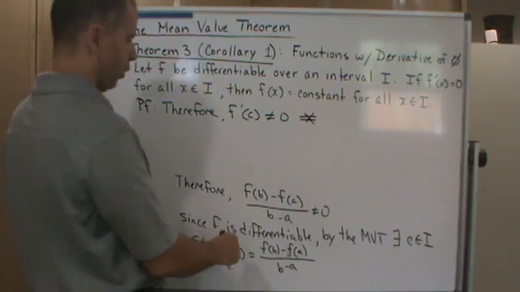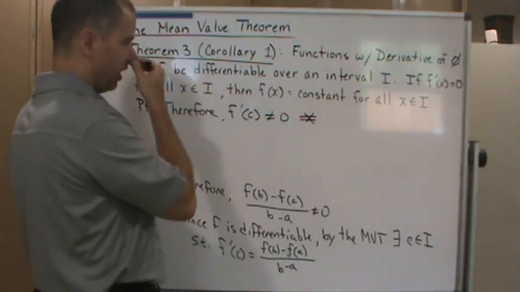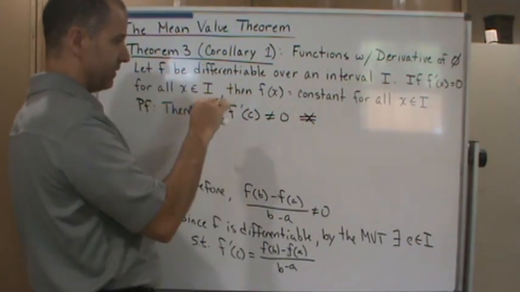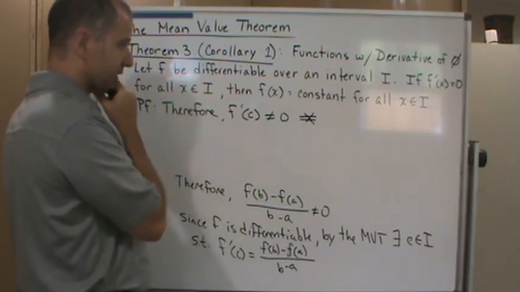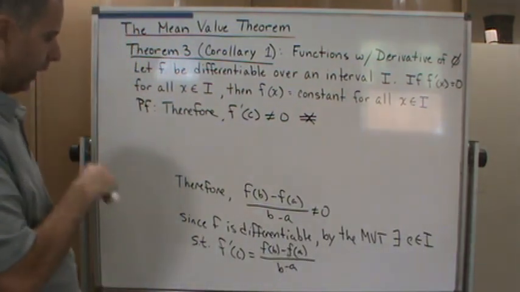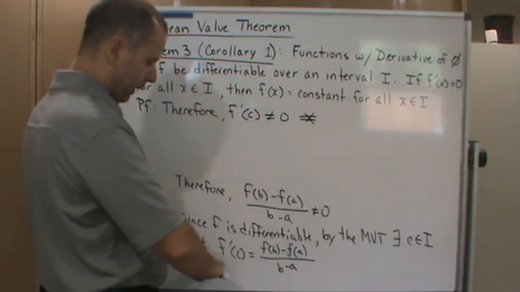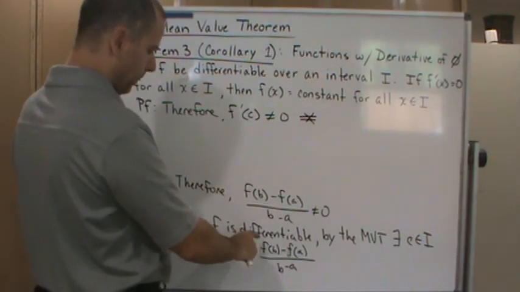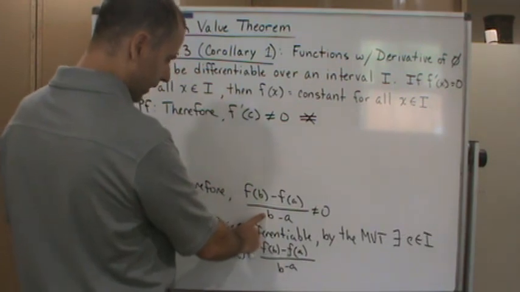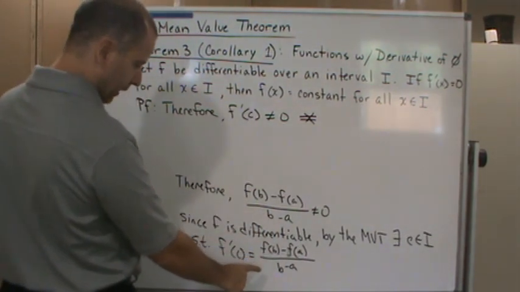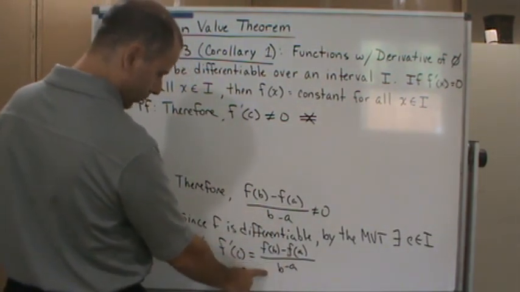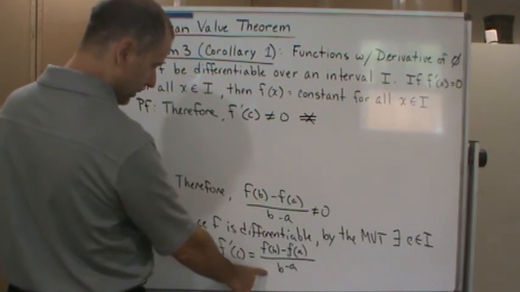We assumed that it wasn't constant for all x in the interval, and by that assumption we found this, and then by the mean value theorem we conclude that.